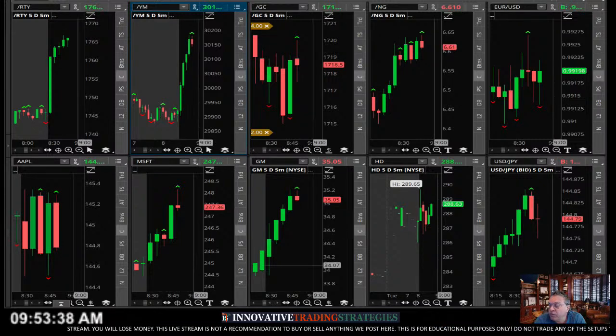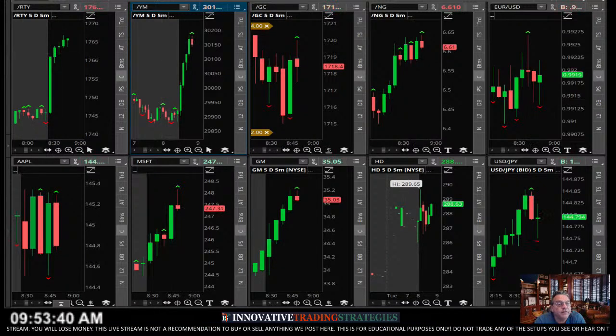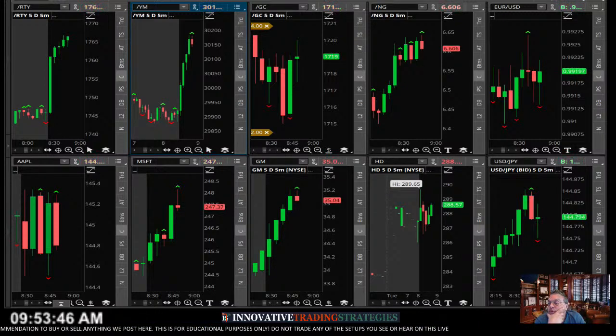Still hanging on the yen, 144.79. Still holding on to the gold.